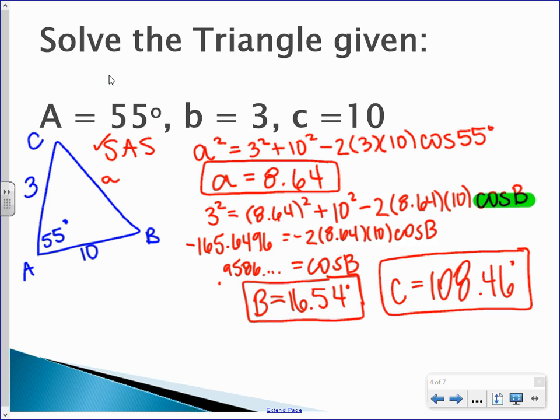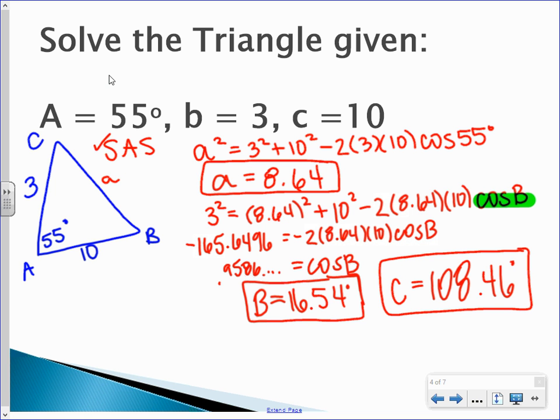There is no way for us to get an obtuse angle using inverse sine in our calculator, which is why we have that ambiguous case. The sine is positive in both the first and second quadrant. So the law of sines will not give us an obtuse angle unless we use the ambiguous case.